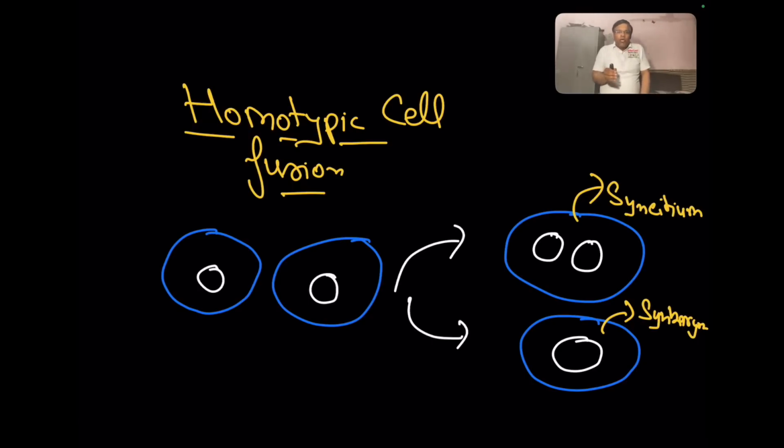Karyon is nucleus. So in a synkaryon, the two cells have fused, their nuclei have fused. While in the case of a syncytium, what is going to happen? The two cells have fused, but their nuclei have not fused. So hopefully it is clear to you what is syncytium and what is synkaryon.